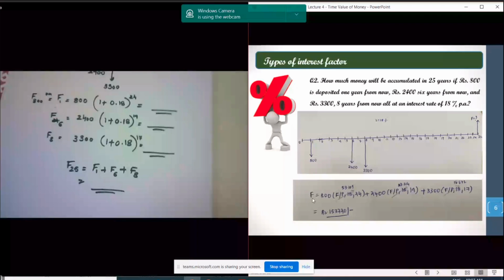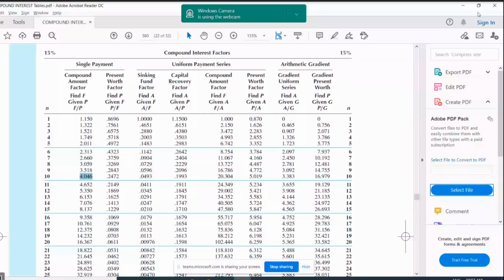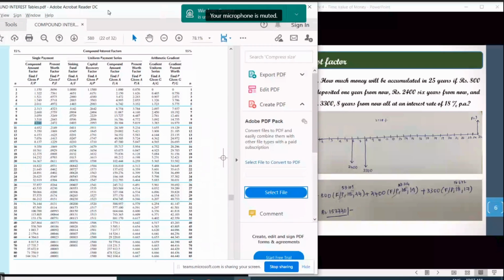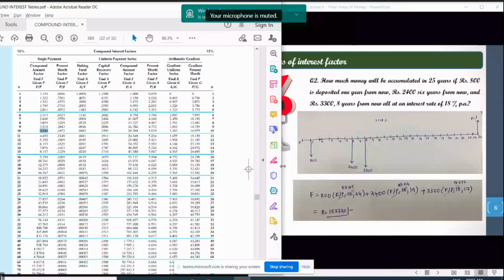Here they have represented it as F equal to 800 into F by P, 18% for a period of 24. When you refer to the interest factor table, I will show the interest factor table again. For 18%, this is 15, this is 18%.